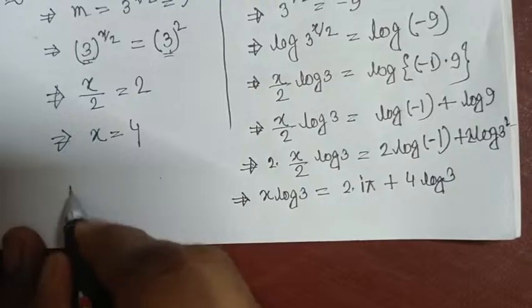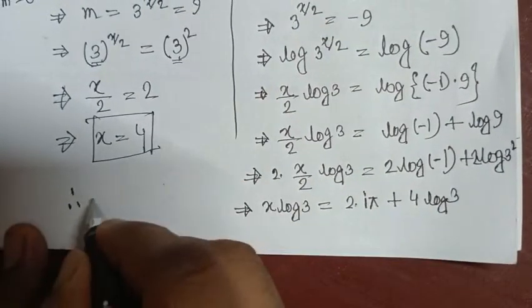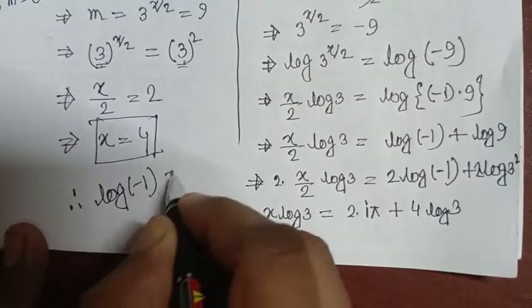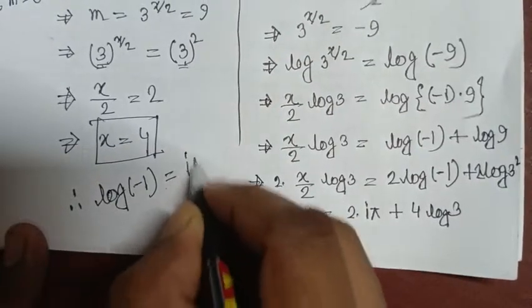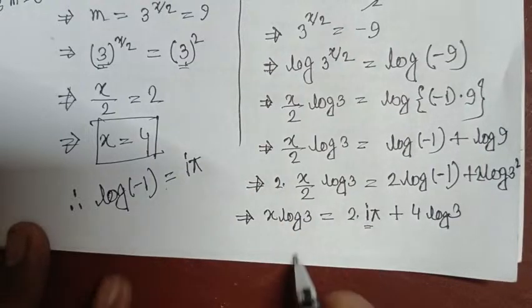Actually we know the value in complex numbers: log of minus 1 equals i into pi. So we are putting this value here.